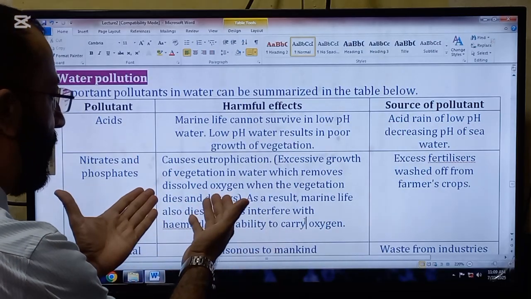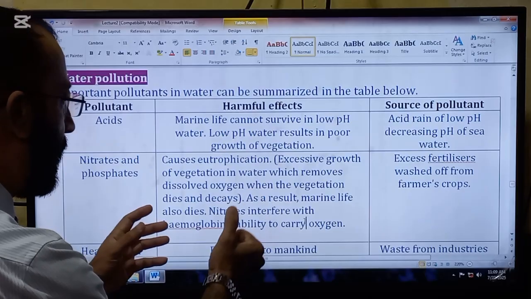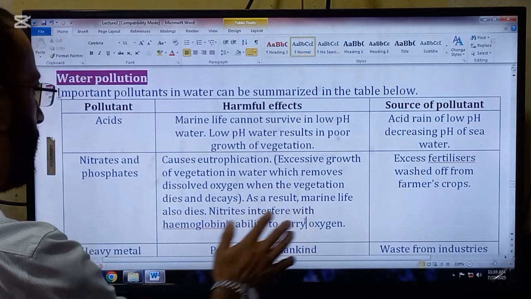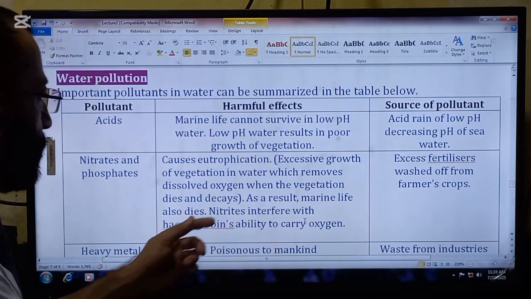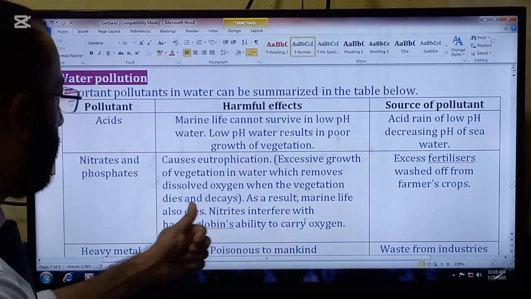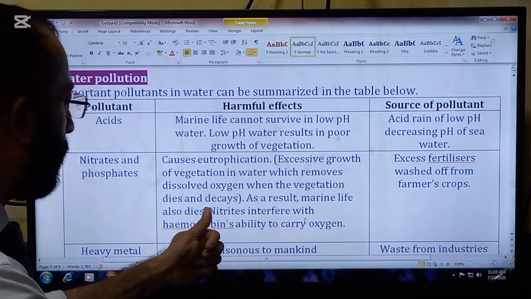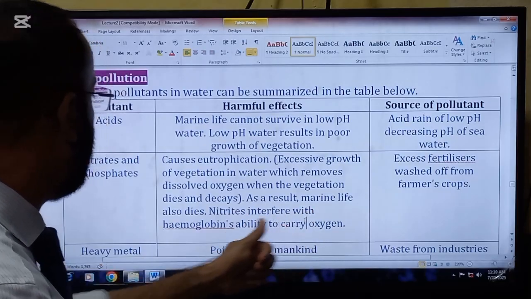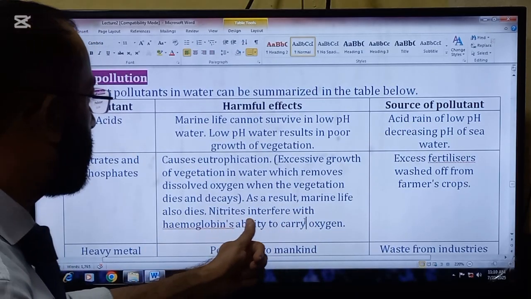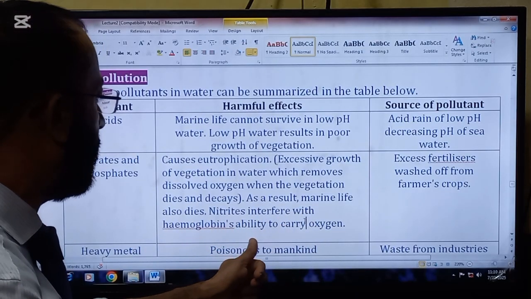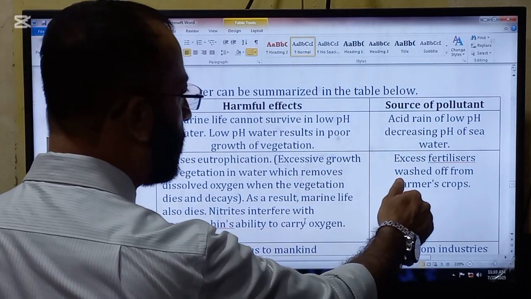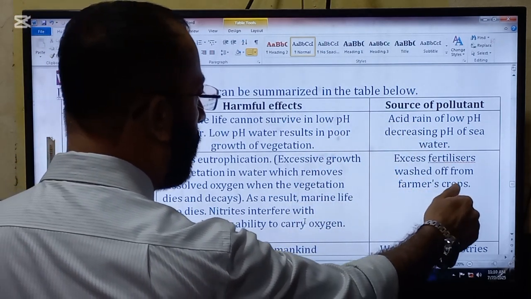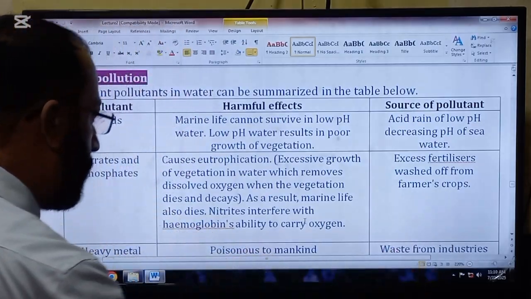These are living things, so they remove dissolved oxygen from the water, and the vegetation dies and decays. When the vegetation dies and decays, the situation gets worse. As a result, marine life also dies. Nitrates interfere with hemoglobin's ability to carry oxygen. The source of the pollutant is excess fertilizers washed off from the farmers' crops.